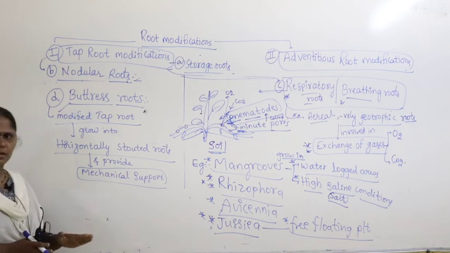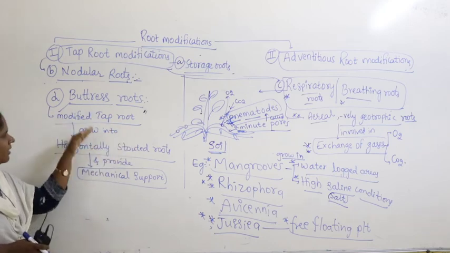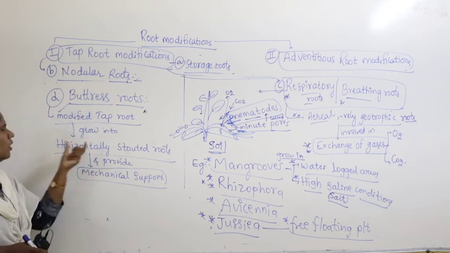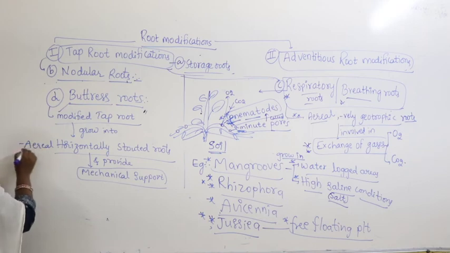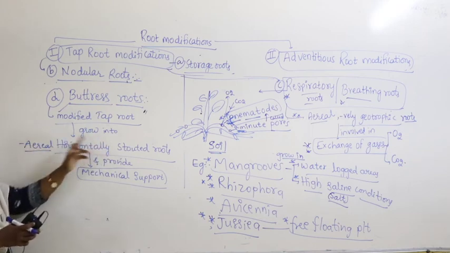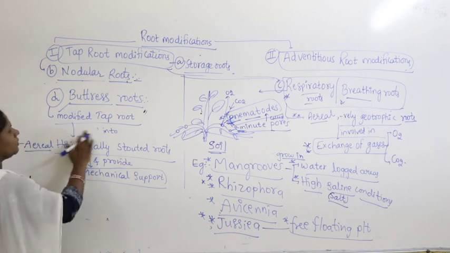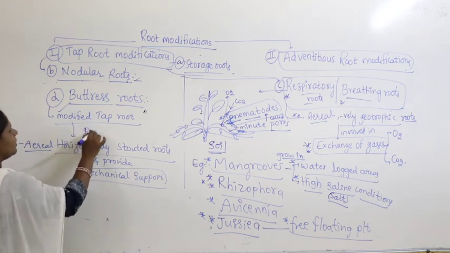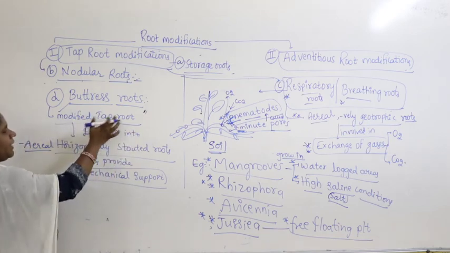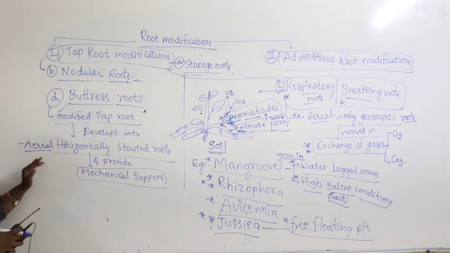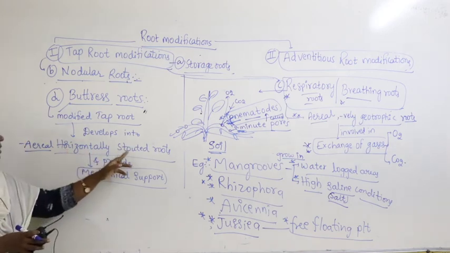What is the meaning of this? A modified taproot develops into aerial roots, meaning it comes out of the soil, horizontally stouted roots.